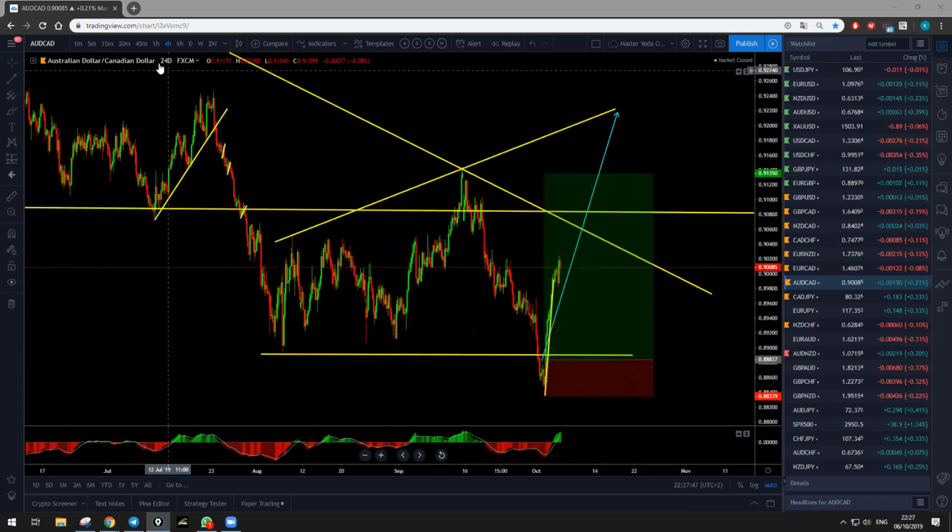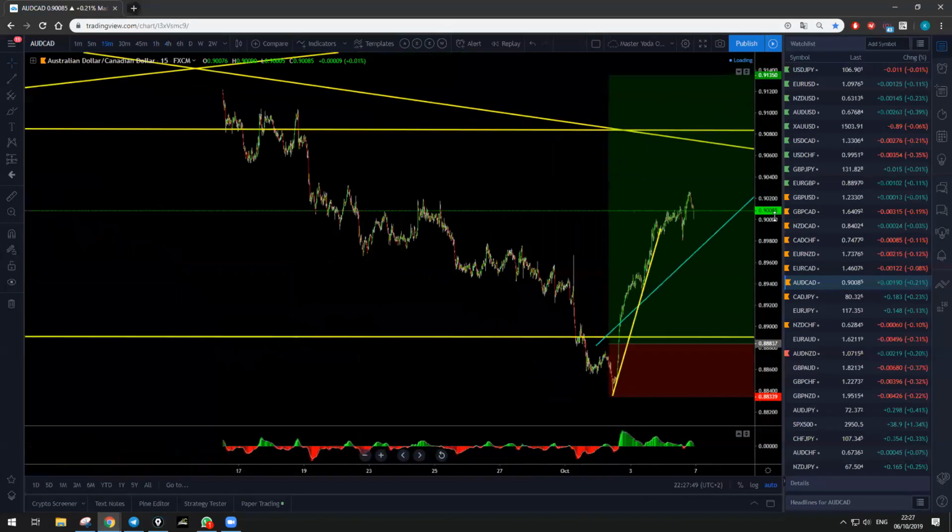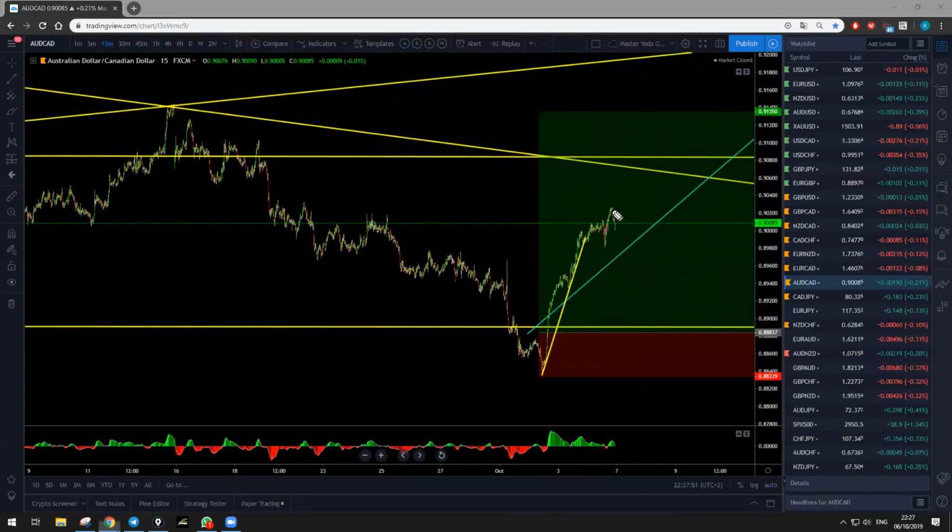So keep your eyes on the lower time frame. If you get a correction, something like that, you can simply add and trade to the upside. Otherwise, if you see a reversal and get some kind of correction like that, then you can trade to the downside.